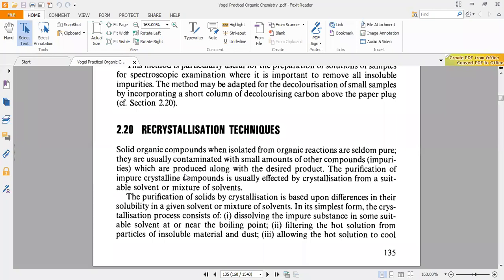In crystallization, what do we do? We prepare a supersaturated solution of a compound in a solvent. The solvent evaporates, making the concentration of the solution higher. The crystal lattice generates when the solubility becomes less.